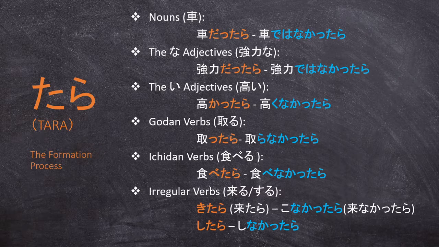As you can see here, there are a lot of things to remember when you are studying the formation of the tara conditional, especially in the case of the i adjectives and the godan verbs, but here practice is mandatory and it is the only thing that will help you to get more fluent at it. And with this out of the way, we will be getting to our examples and the core of this video.